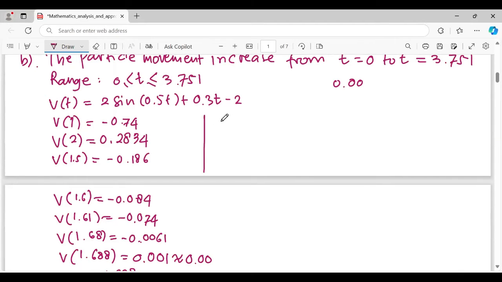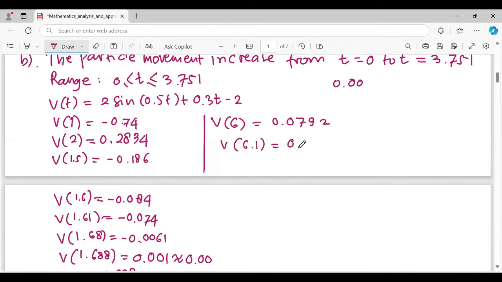Next, for T2, I have checked 7 and 6, and if t equals 6, the result is 0.0792, approximately 0.1. So not received. So what if t equals 6.1?